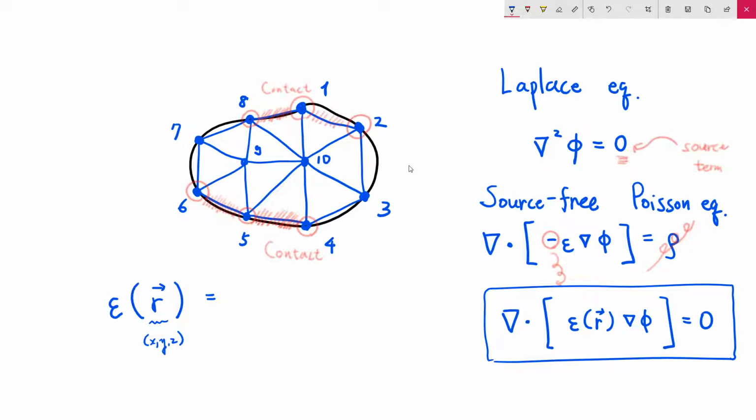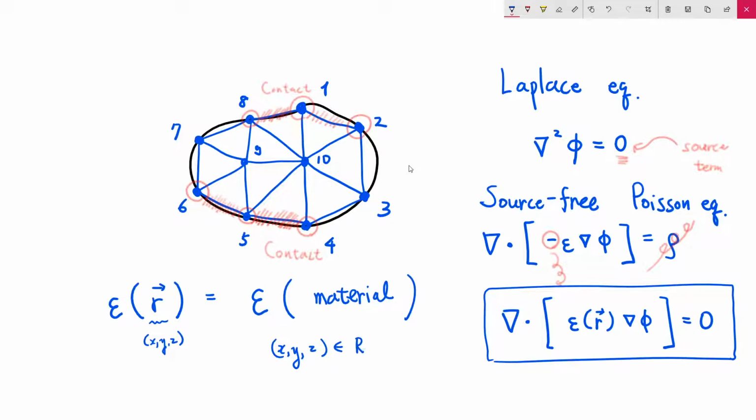However, instead of that, we will just consider epsilon as a material property.